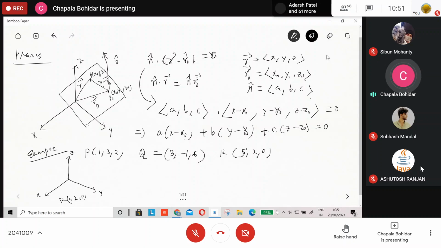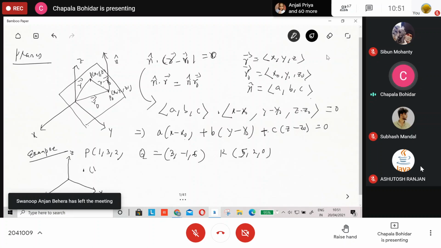Then the point 1, 3, 2 is all positive. Where is it? It is here, on the positive side. You know how to find out where it is. So here it is 1, 3, 2. Okay, I am going to join.